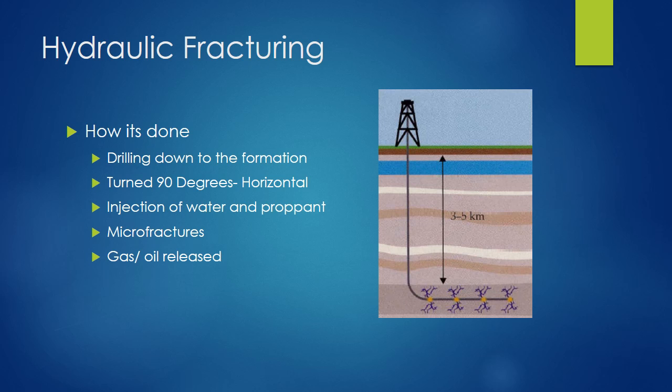Hydraulic fracturing drilling is done down past the fresh and saltwater tables until the formation has been reached, and then the drilling is then turned horizontally through the shale formation. It's then cemented in place. The horizontal pipe is then perforated where the fracking is to be done, and water and proppant material such as sand or ceramics are sent in to hold open the fractures after they've been opened up.